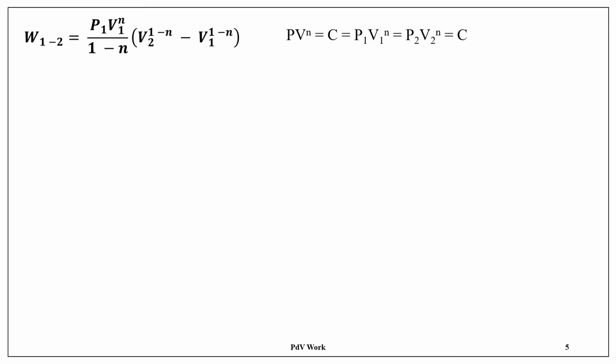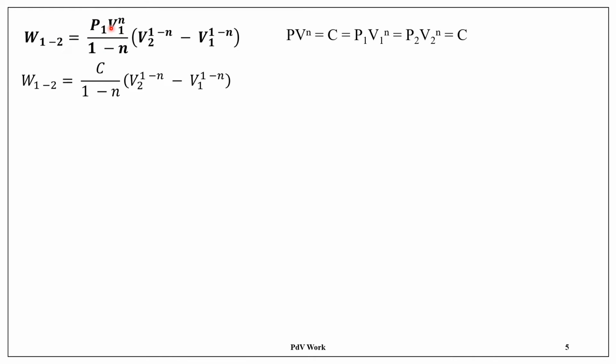And of course, we know P V power n equal to constant, which is equal to P1 V1 power n, which is equal to P2 V2 power n. Now, instead of this P1 V1 power n, we can substitute C. On substitution, we get like this.